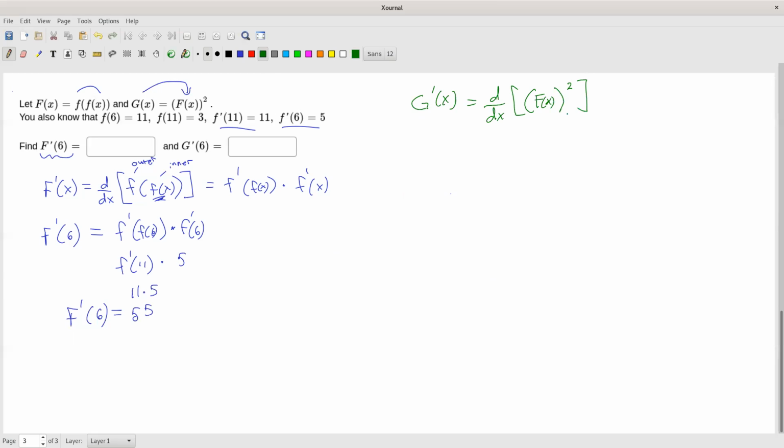And then I have to identify the outer and the inner. My outer function is the square, and the inner function is my capital F.